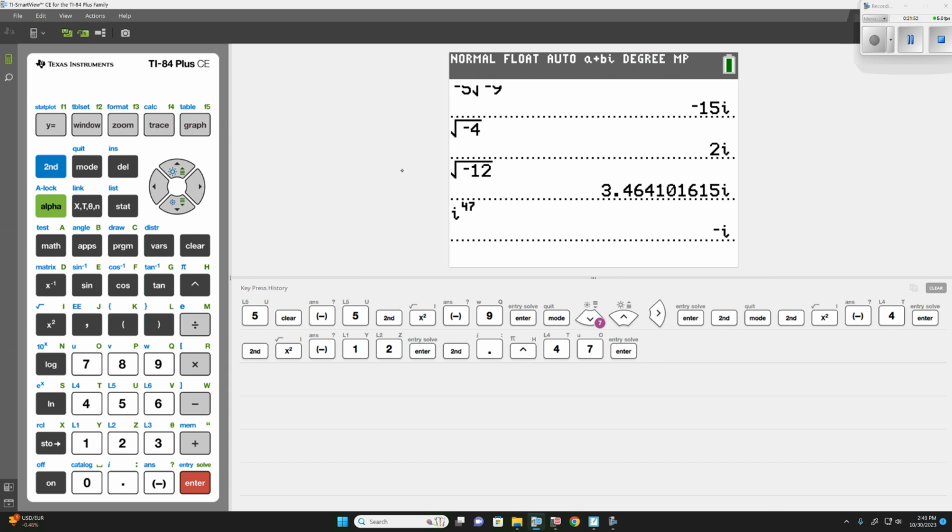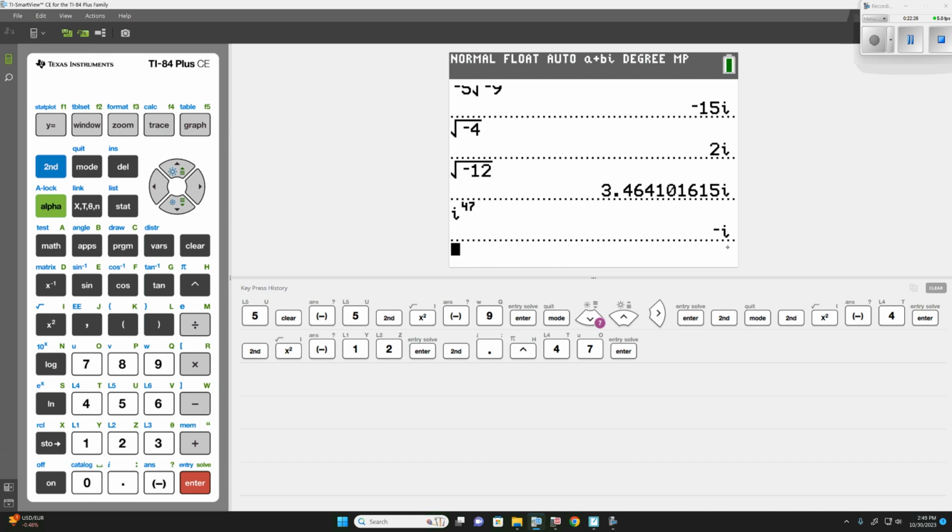Yeah, the decimal. When we divide by 4, we're going to get one of 4 decimals, either 0.25, 0.50, 0.75, or 0.00. Because if it comes out as 0.25, it's going to be I. If it's 0.50 as the decimal, it's -1. If it's 0.75, it's negative I, and 0.00 is 1. So it also tells us that I to the 47th is negative I.